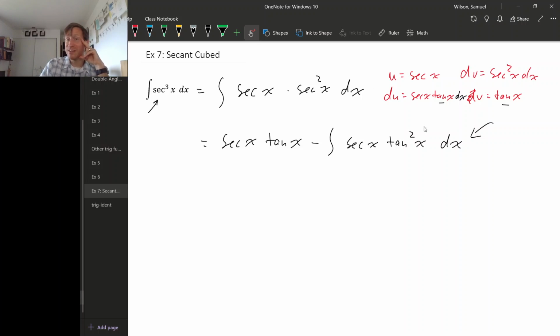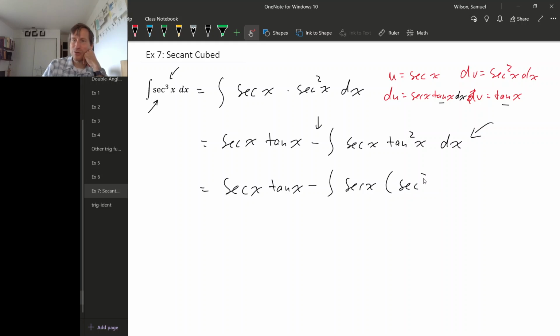Well, we could turn these tangents back into secants using the Pythagorean identity. But if we do that, we'll end up with a secant cubed. But that's just going to give us the integral we started with again, but with a minus sign. And if we have the integral we started with on the right with a minus sign, we can solve this equation for this integral. So let's do that. We get secant x tangent x minus the integral of secant x times, so tangent squared is secant squared x minus 1, dx.